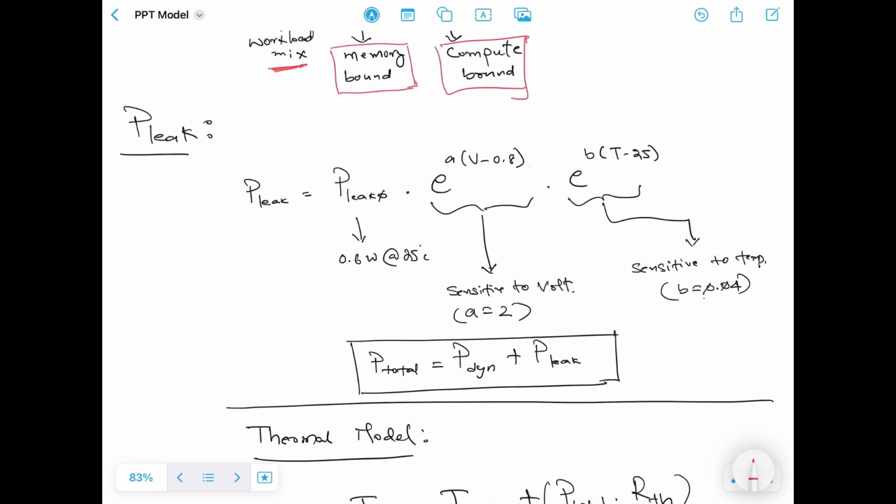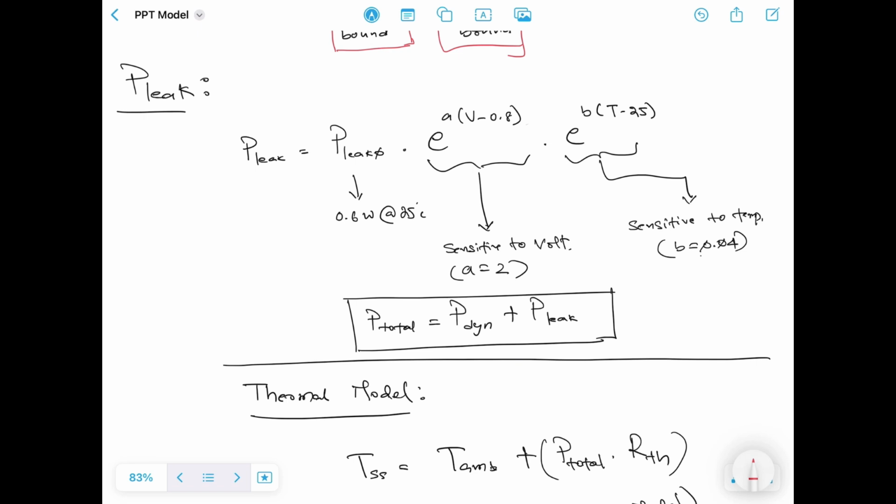Okay, now let's look at leakage power. Leakage power is defined by this equation: P leak is equal to P leak 0 times an exponential term that's sensitive to voltage and another exponential term that's sensitive to temperature.